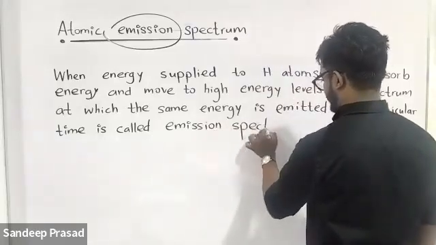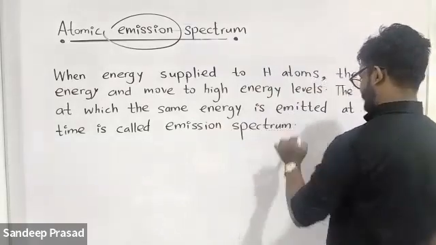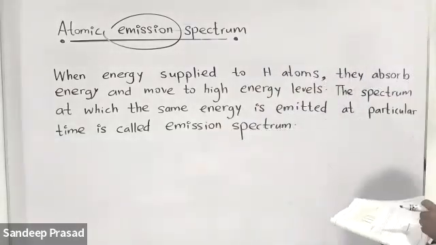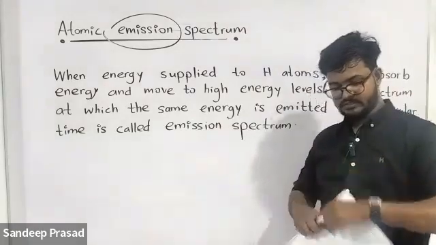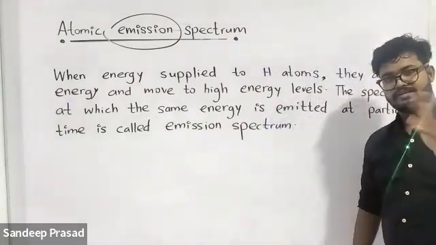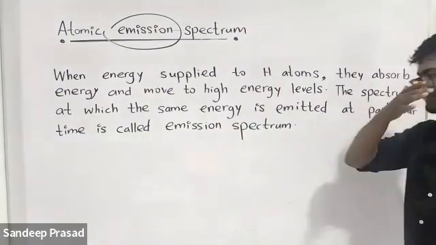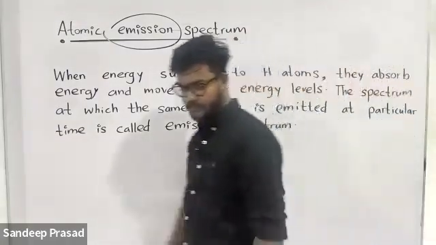So hydrogen atoms absorb the energy, they go to the high energy levels, and they come back again to the lower energy levels. Then they will release the energy. That released energy can be analyzed as the emission spectrum.